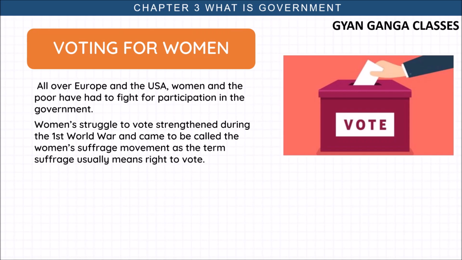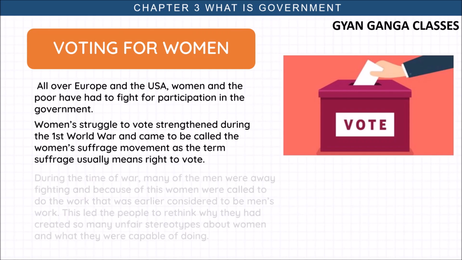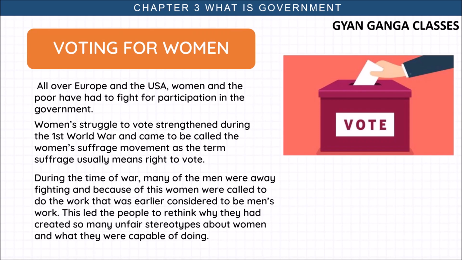The struggle to vote strengthened during the First World War, because at that time men were mostly involved in the war. So for the rest of the work to be done, for the regulation of the normal functioning of the countries, women were asked to come out and do the jobs that were done by their men.